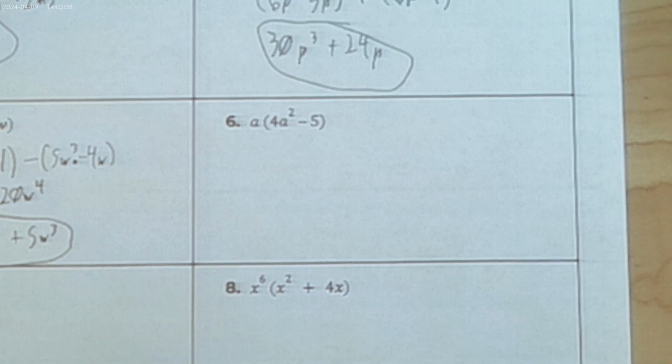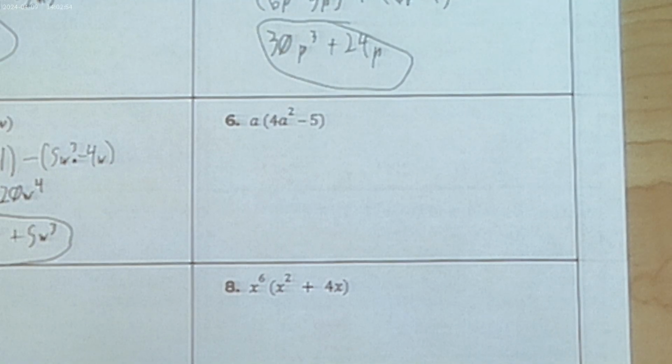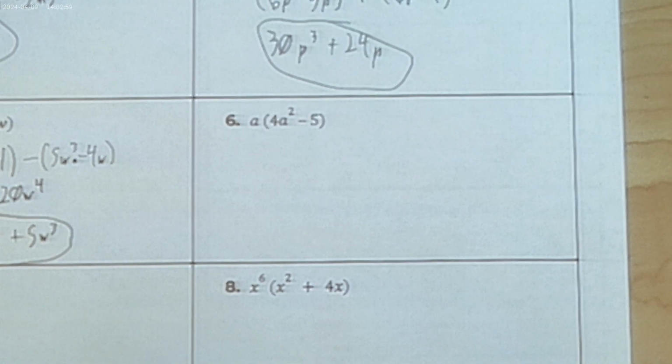All right. A times 4a squared minus 5. All right. I normally wouldn't suggest this, but this is such a trivial answer, and this is such a trivial problem. Whenever I say trivial, it's a math term.